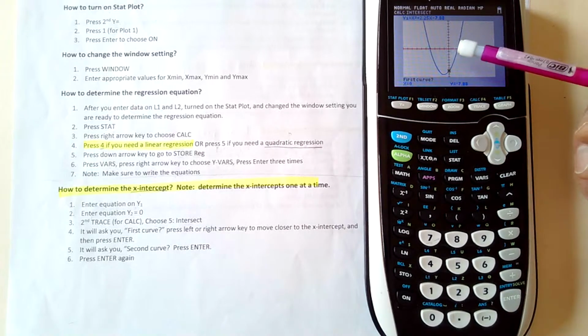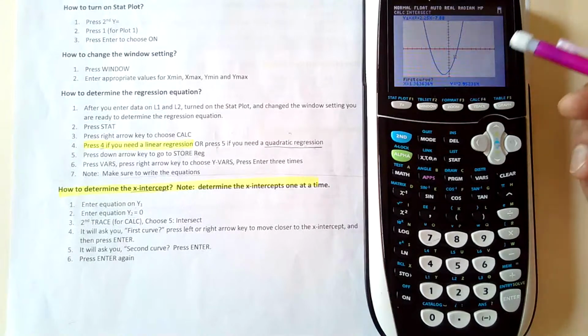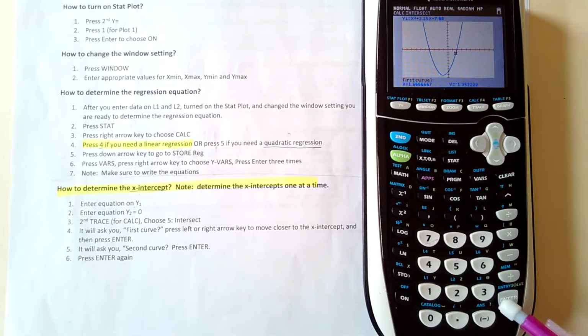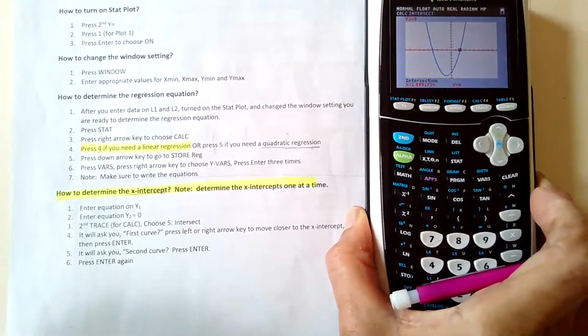Notice there are 2 intercepts here, so we'll have to do each one separately. So I'll go up here to the first curve, close to this one I would like. Press enter, press enter, press enter again. And the intercept there is 1.899 or 1.9.